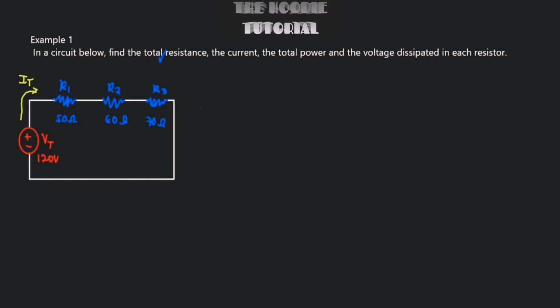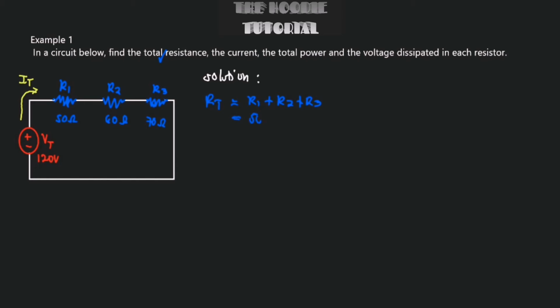The total resistance of this circuit would be, let's write the solution directly. Solution. The first thing that we need to find is the total resistance. The total resistance of the series circuit is R1 plus R2 plus R3, since we only have 3 resistors.